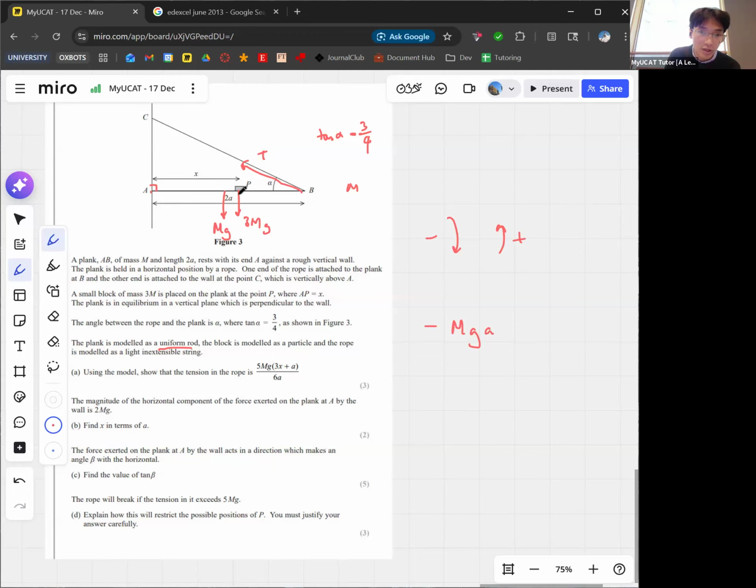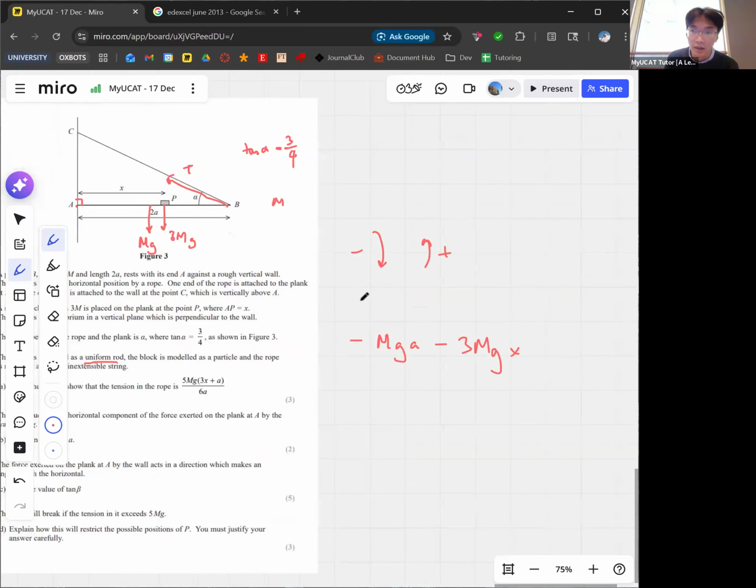Then I've got 3mg. In this case, 3mg here is also negative because it's going clockwise. So that's going to be minus 3mg, and the length is x, right? And then I'm going to add, because it's going upwards and anti-clockwise, T.